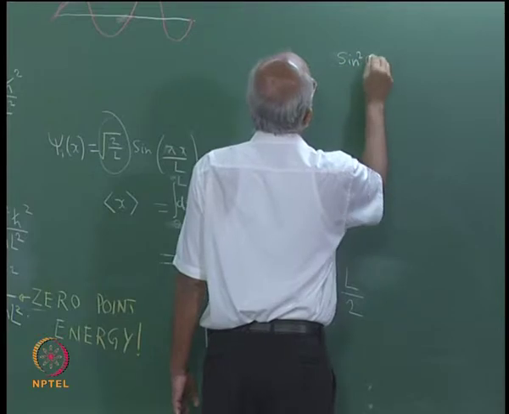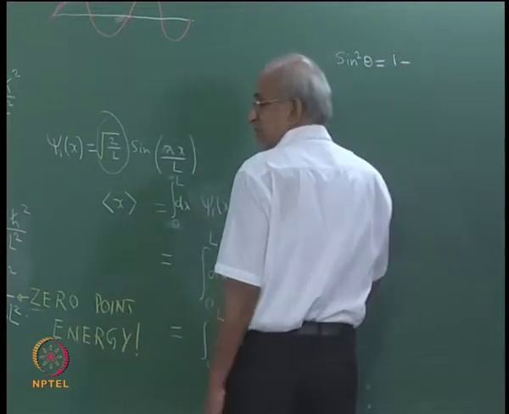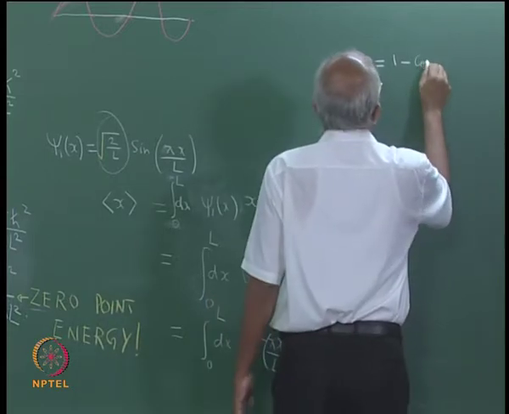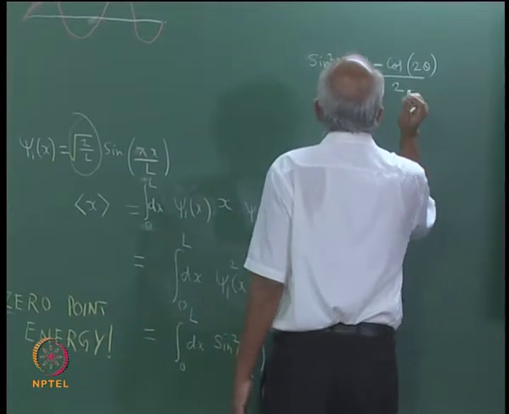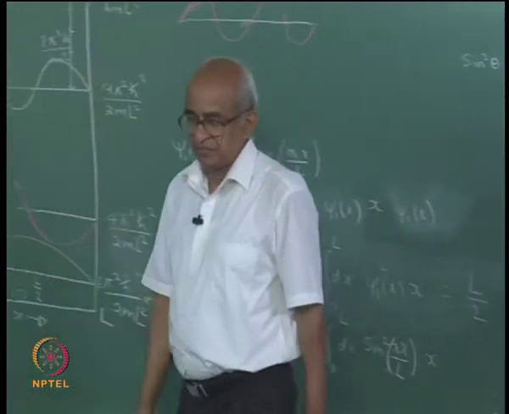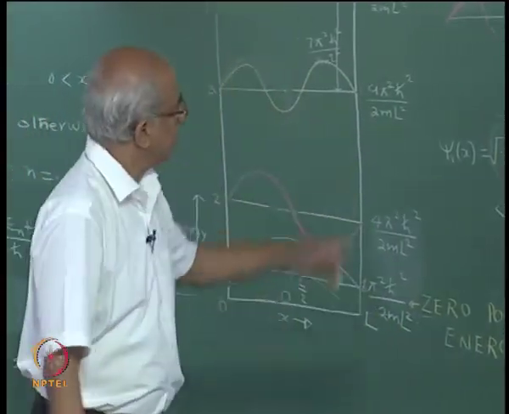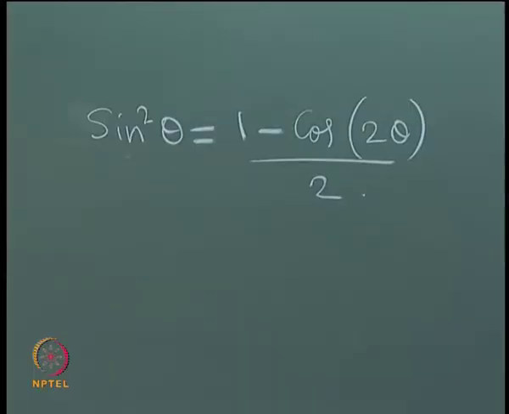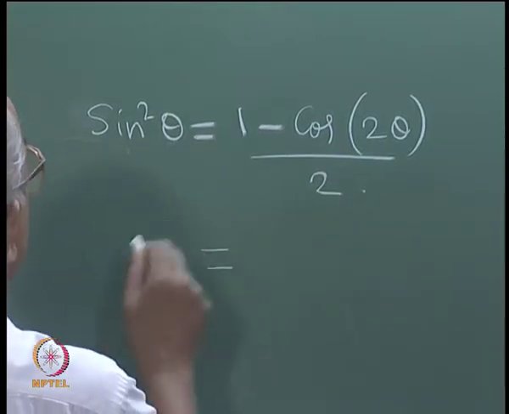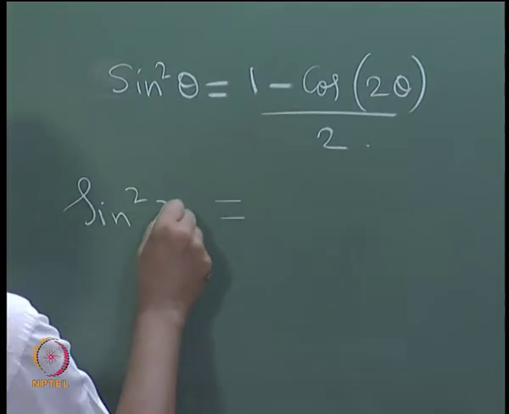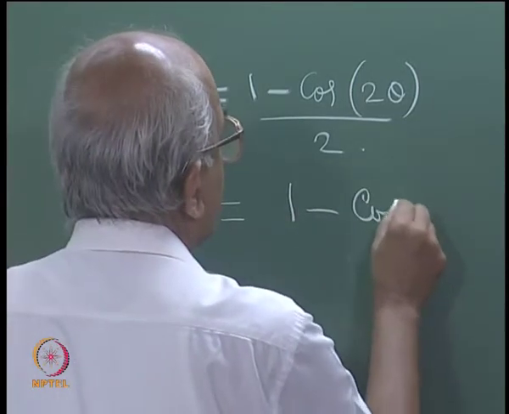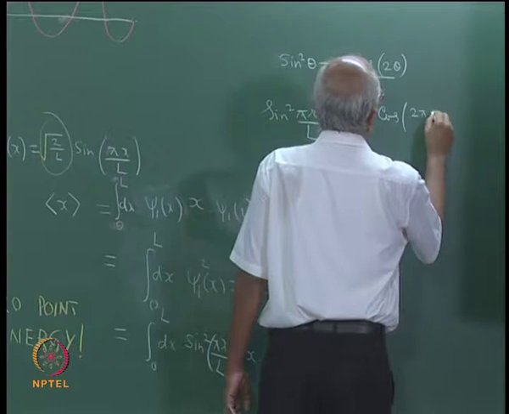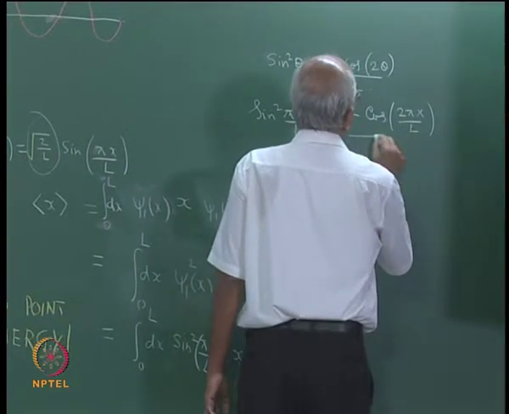Sin square theta is actually equal to 1 minus cos 2 theta divided by 2. So, you can use this trigonometric identity. So, instead of that sin square pi x by L, you can write sin square pi x by L as 1 minus cos 2 pi x by L divided by 2.